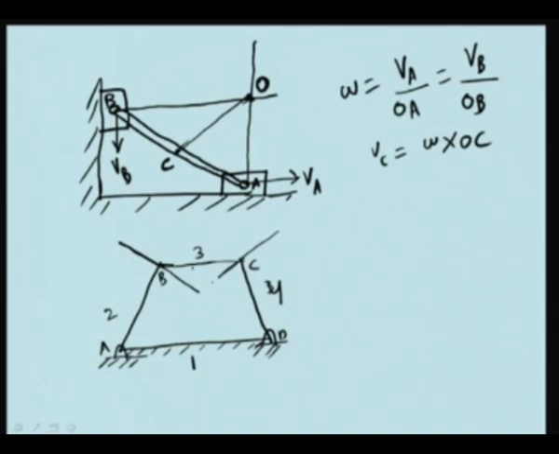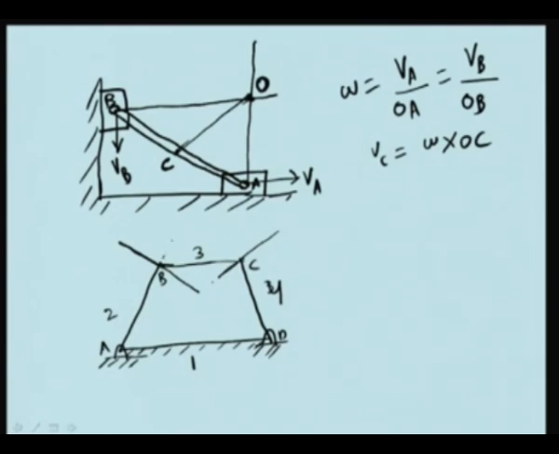Therefore, in link 3 we know the direction of velocity at least at the 2 points B and C. Draw the perpendiculars to the velocities at points B and C. That is nothing but the extension of link AB and the extension of link DC.